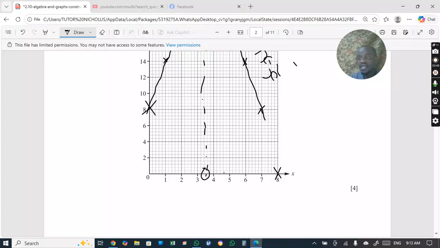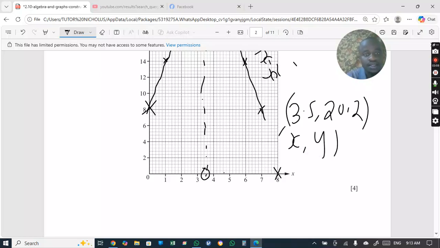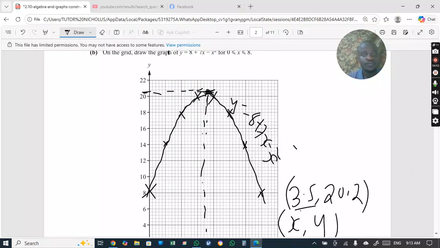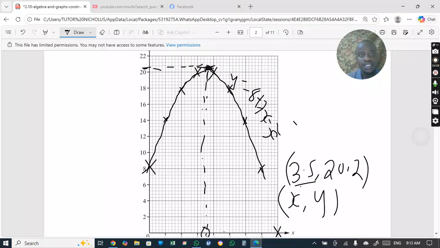It is around 3.5, 20.2. When you are writing the coordinates, you start with x, then y. So our x is at 3.5, then our y is at 20.2. You must ensure that you know how to read the scale.